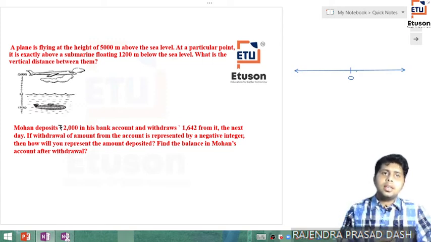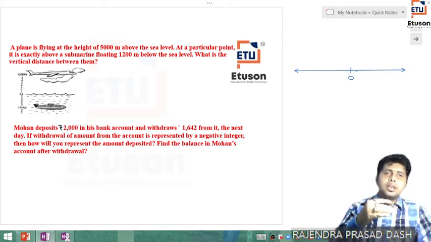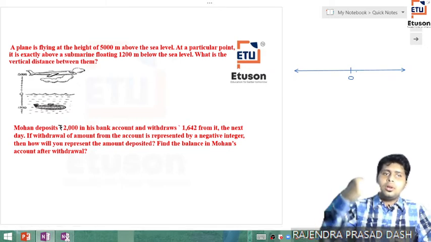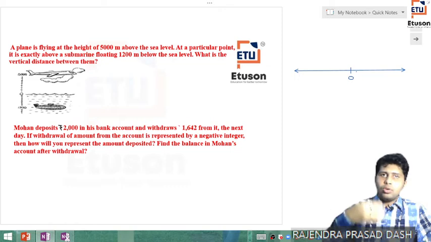Similarly, in this case the standard height measure takes the sea level as the midpoint. Above the sea level it is sky, below the sea level it is underwater. So if we are taking above the sea level as positive, we have to take below the sea level as negative.